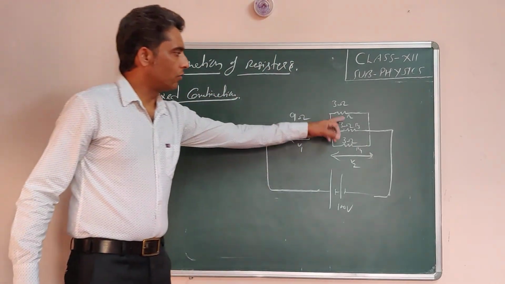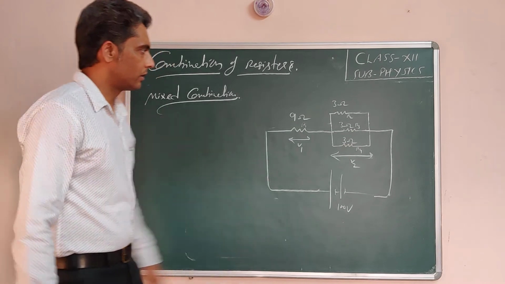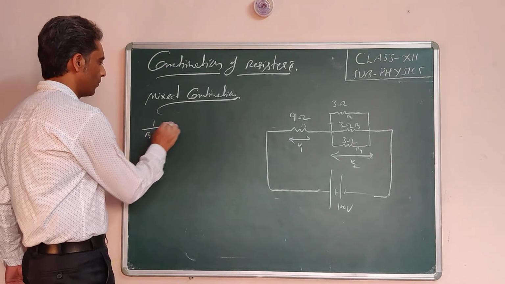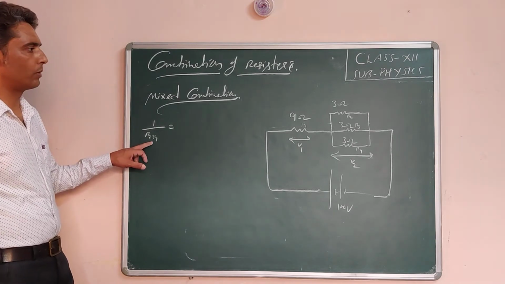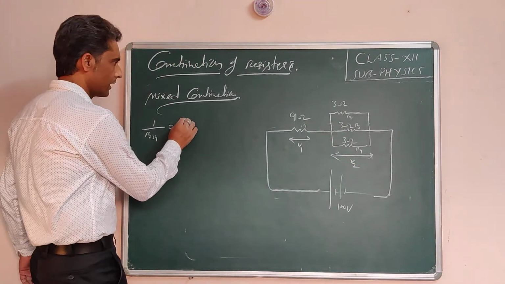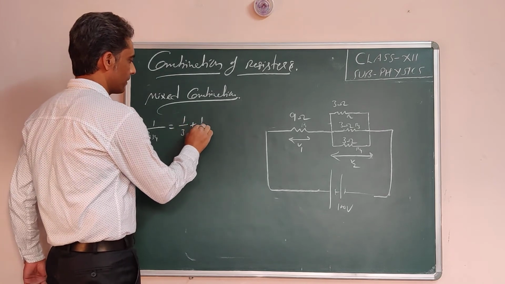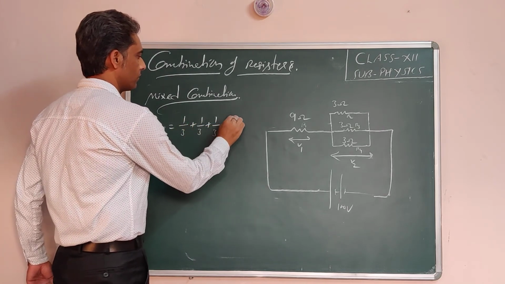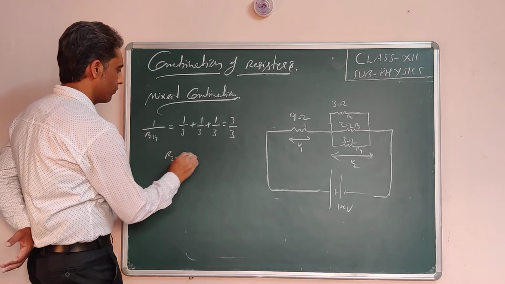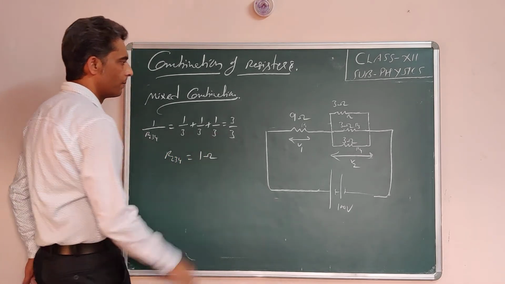Since R2, R3 and R4 are in parallel, we can write 1 over R234, the equivalent resistance of R2, R3 and R4, as 1 by 3 plus 1 by 3 plus 1 by 3 equal to 3 by 3. So R234 is equal to 1 ohm.